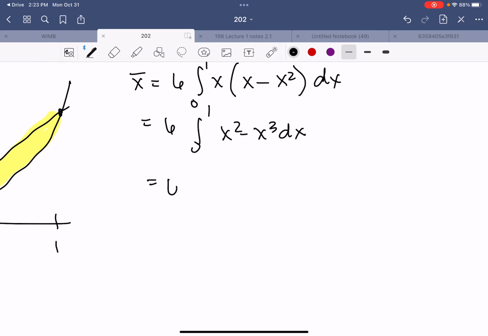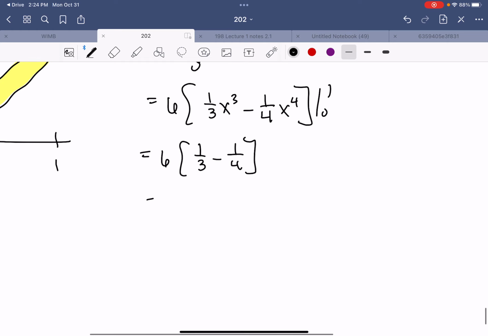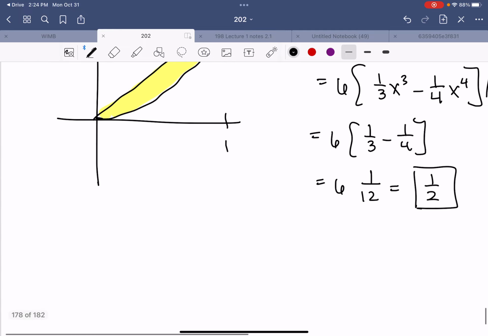And this becomes 6 times 1/3 x cubed minus 1/4 x to the 4th from 0 to 1. So that's 6 times 1/3 minus 1/4. And 6 times, let's see, 4 minus 3 is 1 up top over 12, gives me 1/2 as my x bar. So my x bar is 1/2.